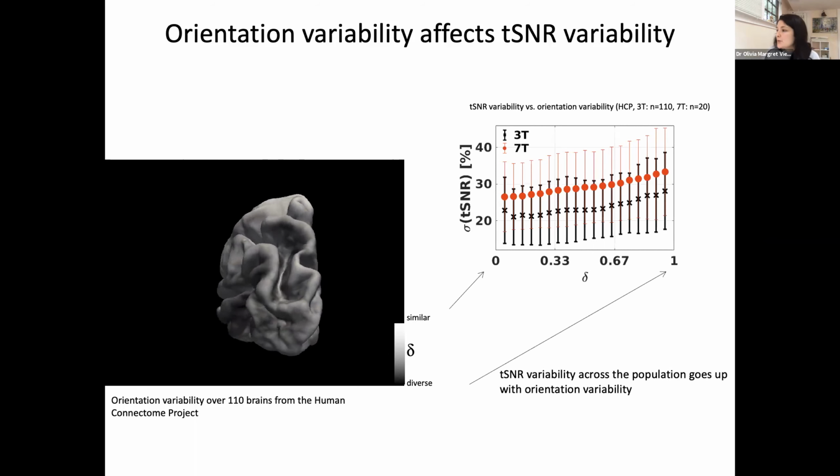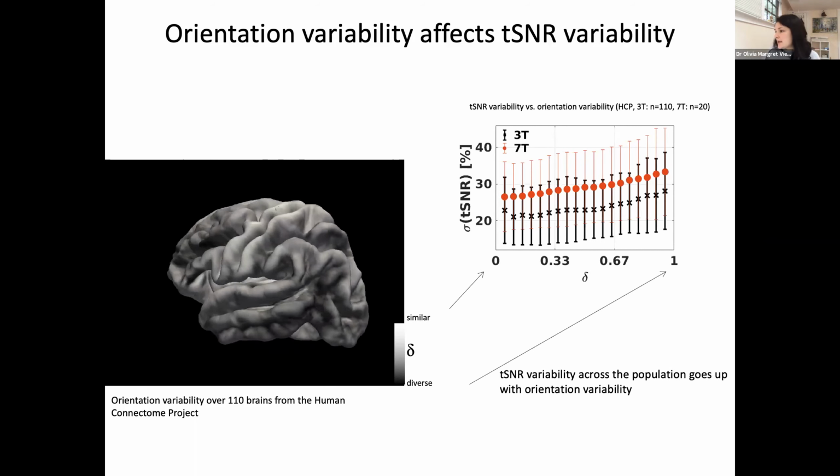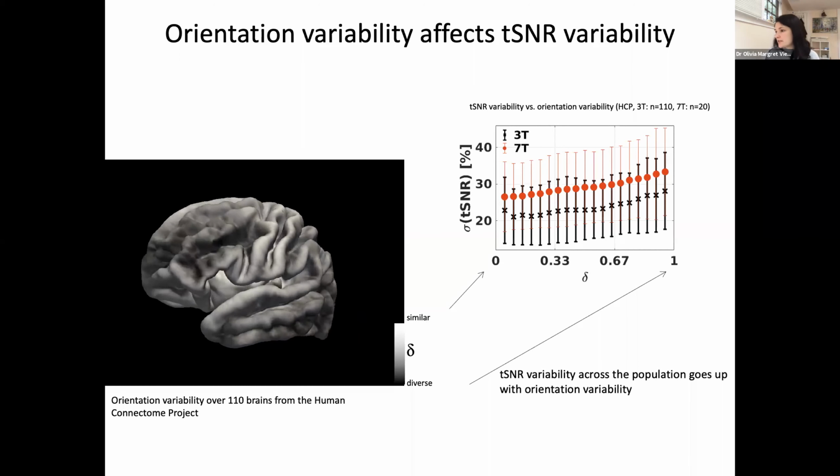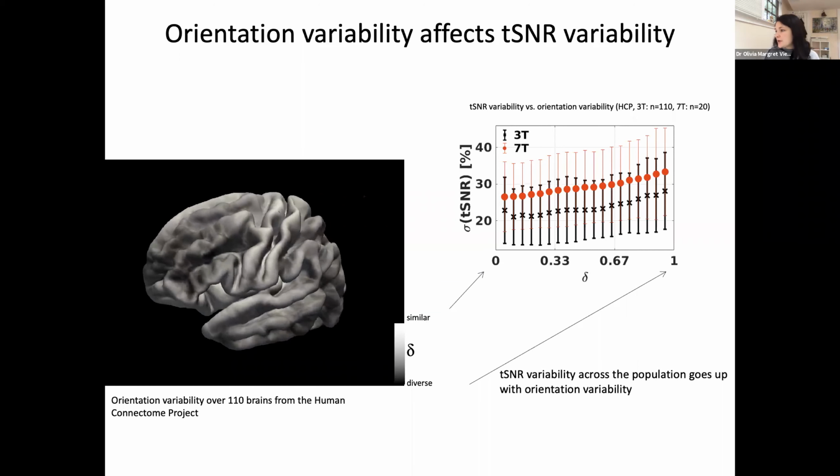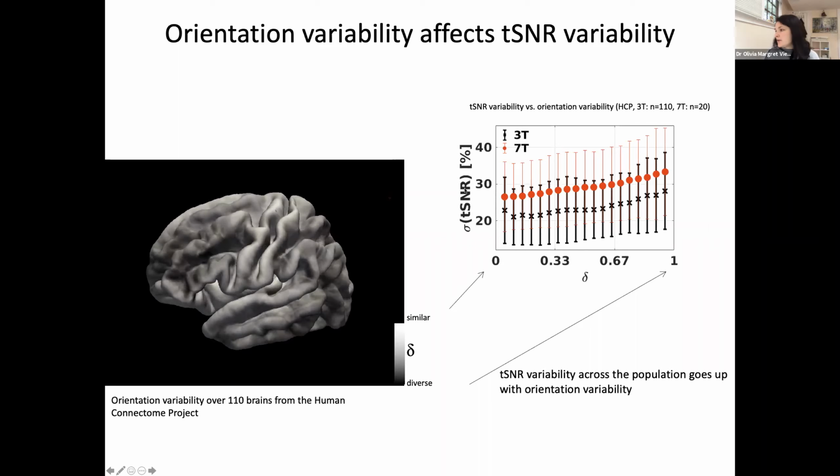And we can look at the impact of orientation variability on tSNR variability. So here I'm plotting the variation of tSNR, sigma tSNR, as a function of orientation variability. And this sigma is a standard deviation over those 110 subjects. That means how similar is the tSNR in fsaverage at this spot across the 110 subjects.